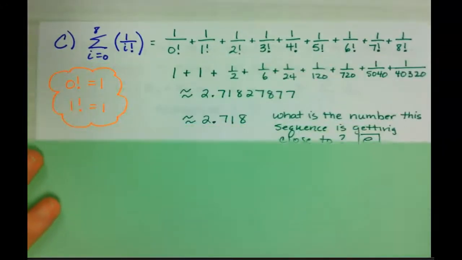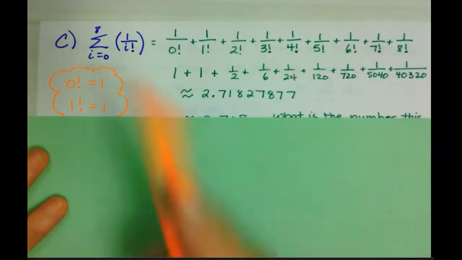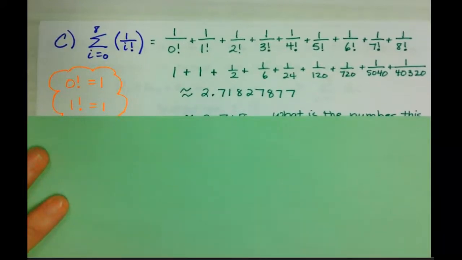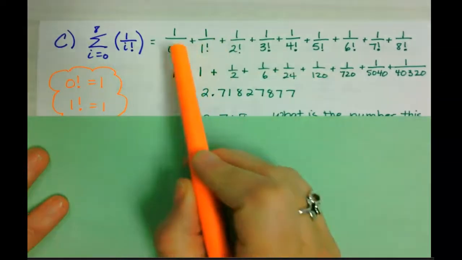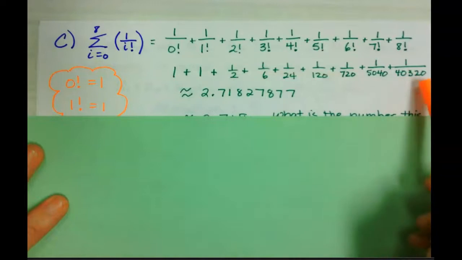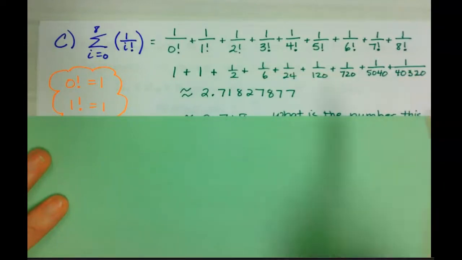So remember our fun facts are 0 factorial equals 1, 1 factorial equals 1. We learned those last time, so we actually have a 1 here and a 1 here. And so then you can see I went ahead and calculated these out so you could just see how big and fast they went, so I didn't take time actually calculating.